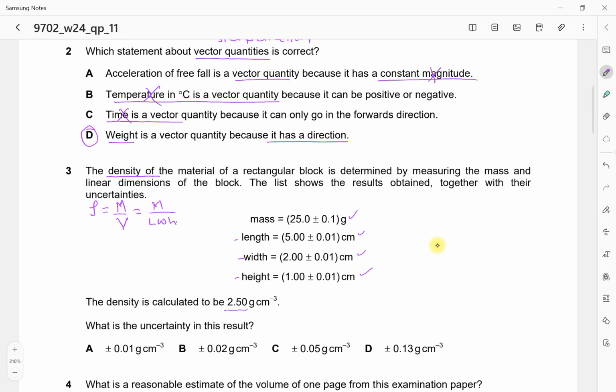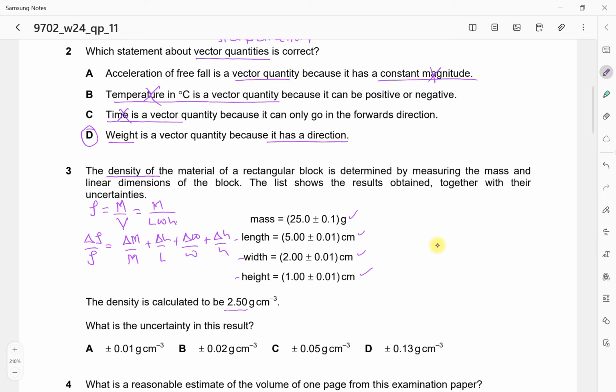So because of division and multiplication, I will just sum up the fractional uncertainties. Therefore, the fractional uncertainty in the density is going to be the same as the fractional uncertainty in the mass plus the fractional uncertainty in L plus the fractional uncertainty in W, that is the width, plus the fractional uncertainty in the height.